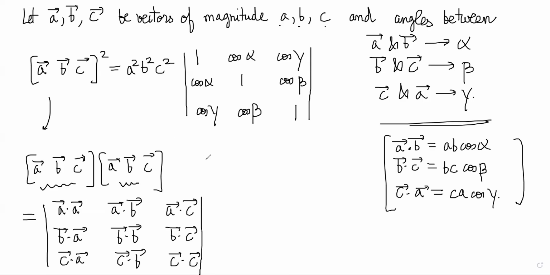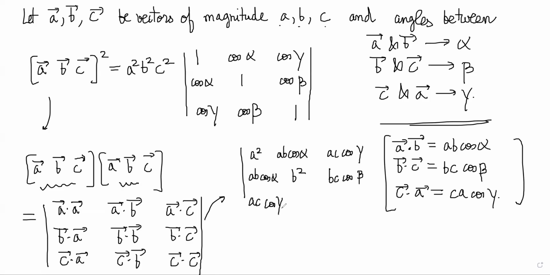And from here, we can say that this quantity will become what? This quantity will become A square, AB cos alpha, AC cos gamma, AB cos alpha, B square, BC cos beta, and AC cos gamma, BC cos beta, and C square.